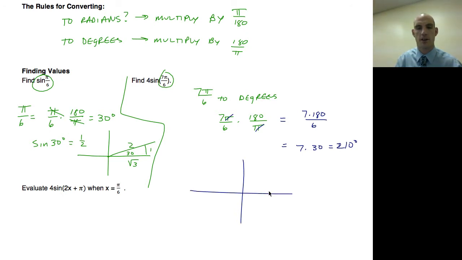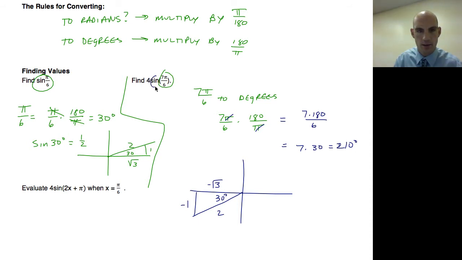Let's put it all together. 90, 180. So this is going to be my triangle here. And my reference is going to be 30 degrees because it's 90, 180, 210. So I'd have to go 30 degrees. So this is negative 1 because I'm in that third quadrant. My r is going to be 2. And I'm going to have negative square root 3 here.